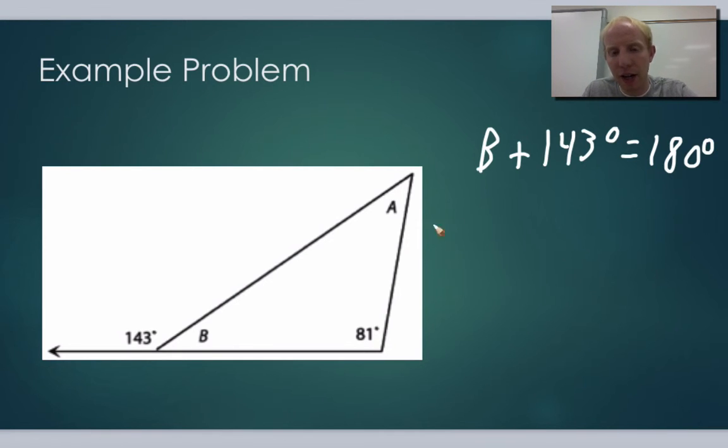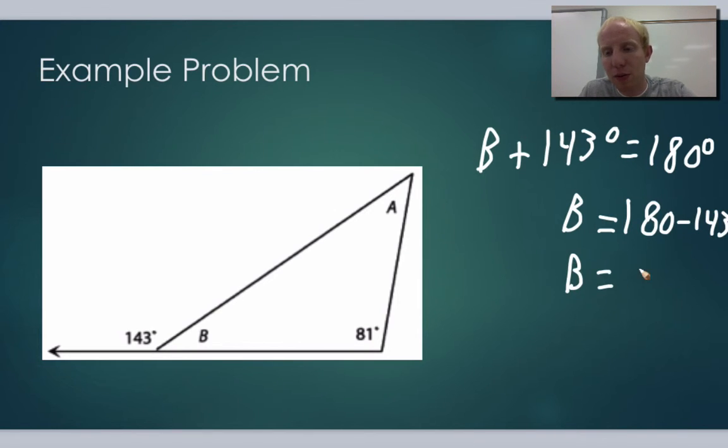So we can use that fact to find B. We'll just minus 143 to the other side. That will give us B is equal to 180 minus 143, which means that B must be equal to 37 degrees. So there we go. B is equal to 37 degrees.